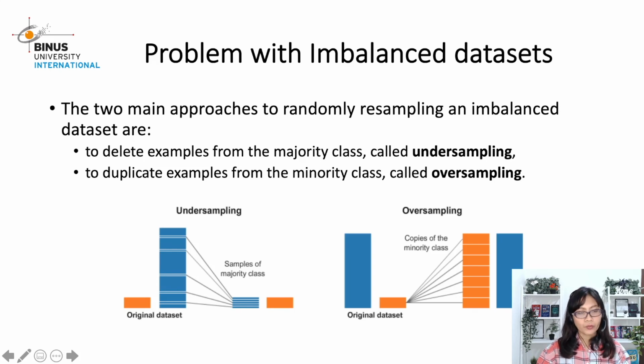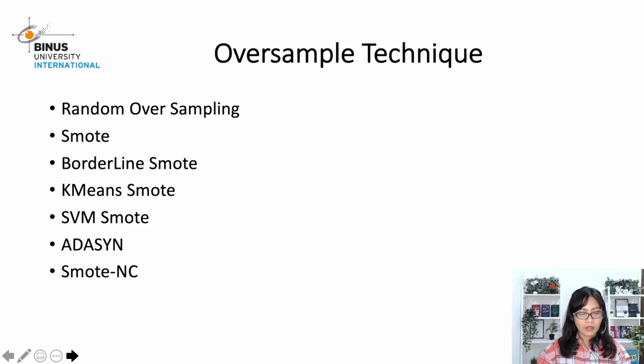Or we can also perform undersampling. For example, this is the minority class and this is the majority class. We need to sample the majority class to match the size of the minority class, so our dataset will be very little.